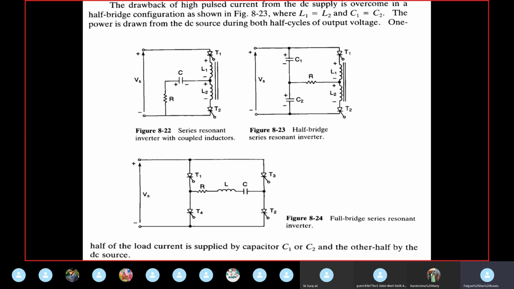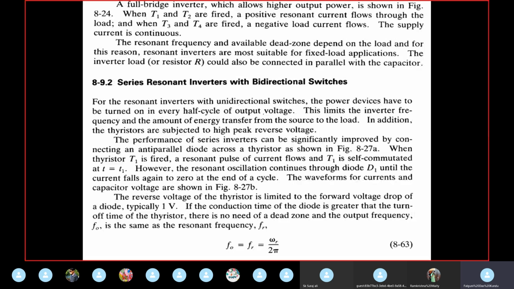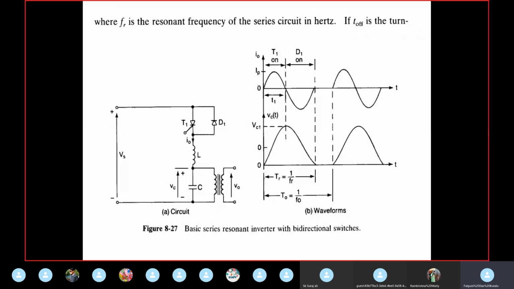Okay, now we are going to discuss series resonant inverters with bidirectional switches. Here we only use unidirectional switches. That means we use only thyristors in the circuit. But in the second case, we use the series resonant inverter with bidirectional switches.